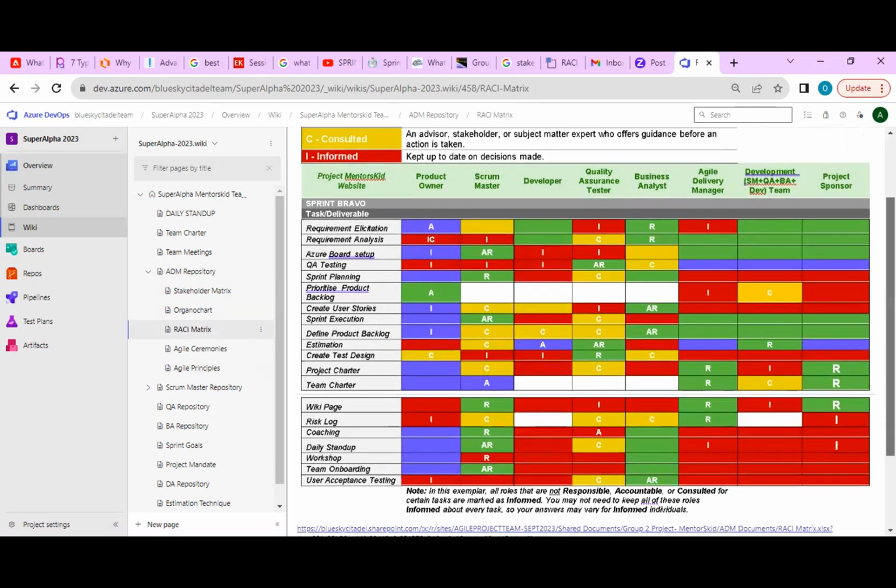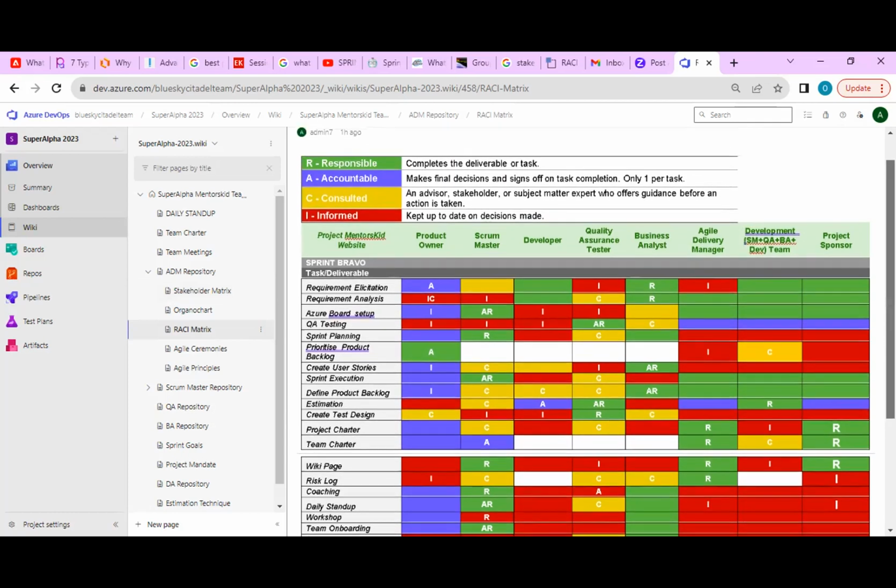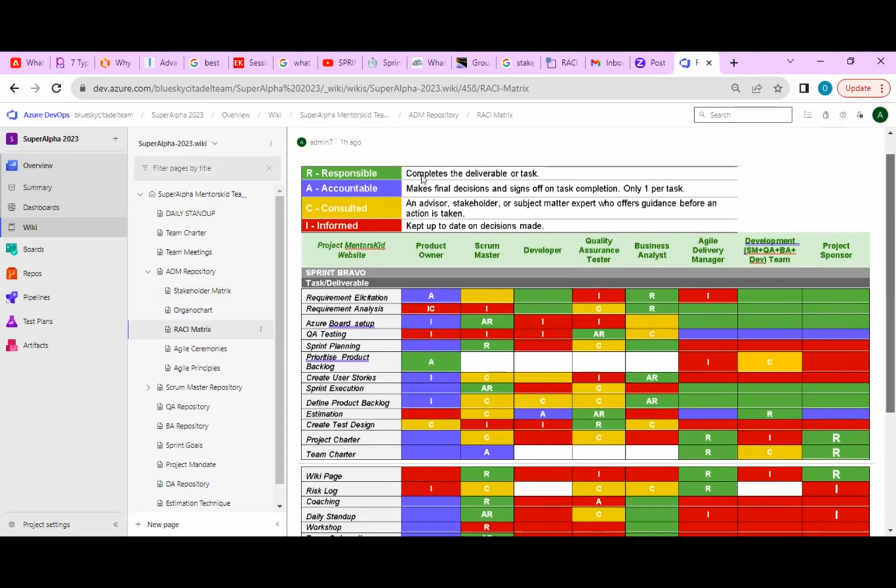Okay. So rather than sitting on this, you heard the feedback that I gave to the other team, right? Yes. So, what's this color coding? What does it signify? Your color coding is: informed, consulted, accountable, responsible.